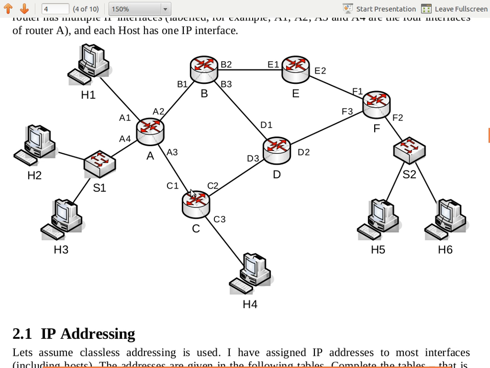What is the IP address for F2? Note that F2 is attached to the subnet which has H5 and H6, so you use the information for H5 and H6. This is a switch. That is, in this case, it's a device inside the subnet.